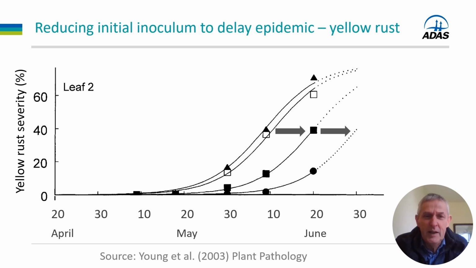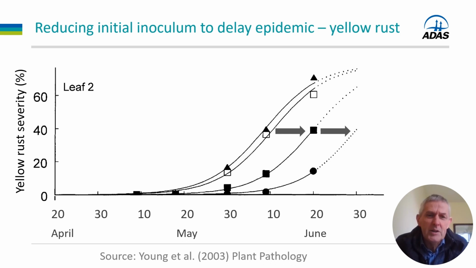And we can see here exactly the delay in the epidemic. The curves on the left-hand side, we didn't reduce the initial inoculum. That was just the natural background amount. And as we decreased from that level of initial inoculum by experimental treatments, increasingly we delayed the epidemic by 10 or 20 days. And that 10 or 20 days is buying time for us to manage the epidemic.